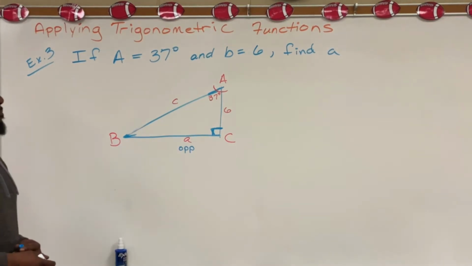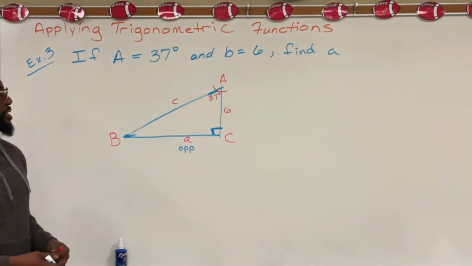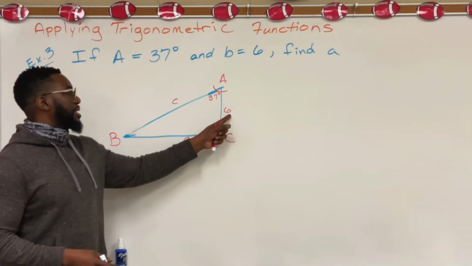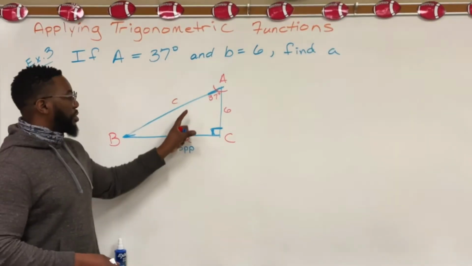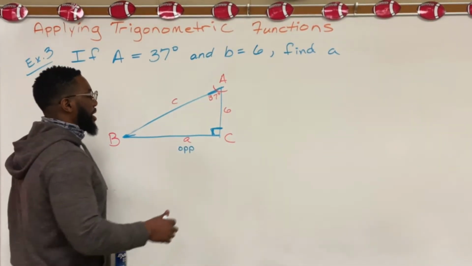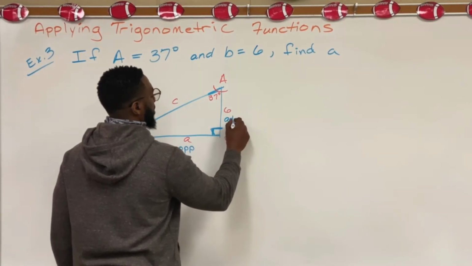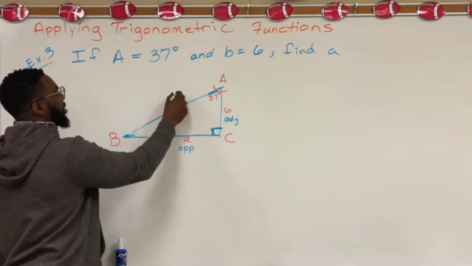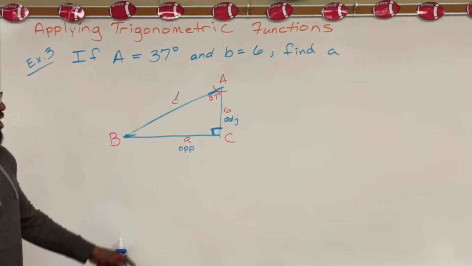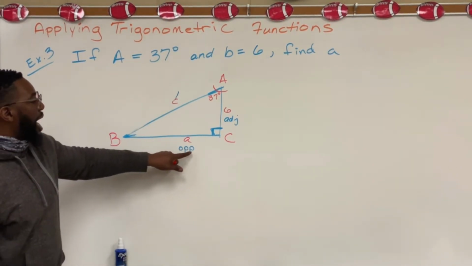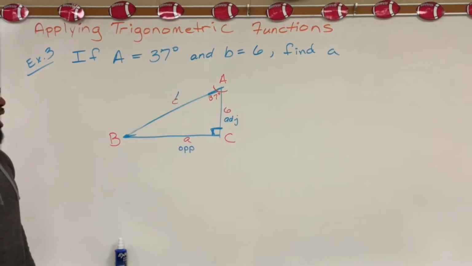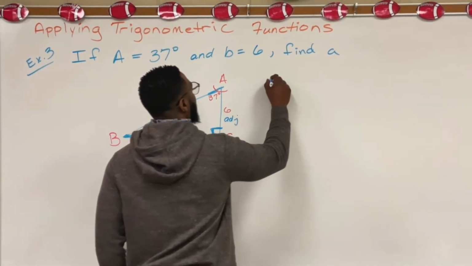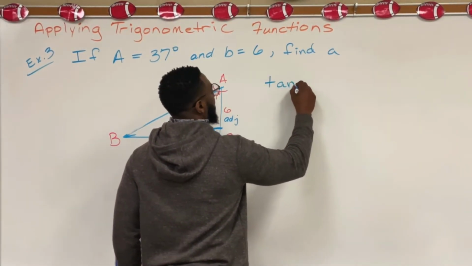And they give us B equals 6. According to the triangle, 6 is adjacent. We know that C is the hypotenuse, but we don't have to use it, so we're not going to worry about that. But we do have opposite and adjacent. We know that opposite over adjacent gives us the tan.